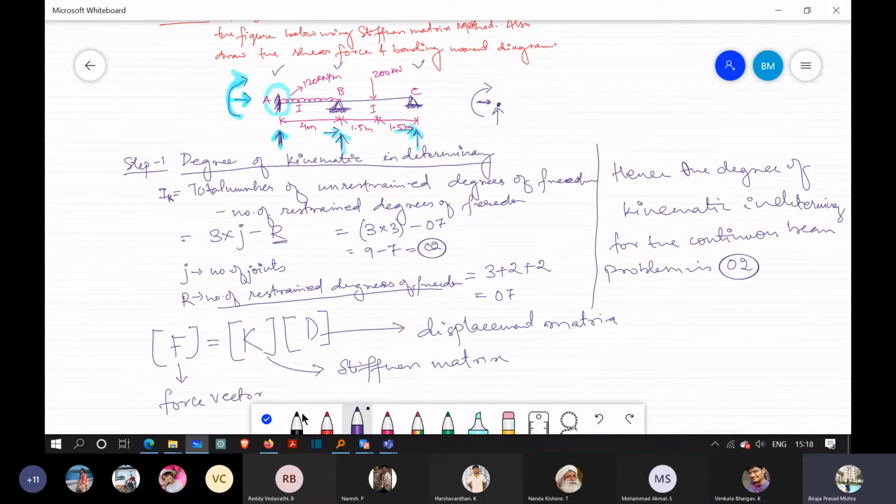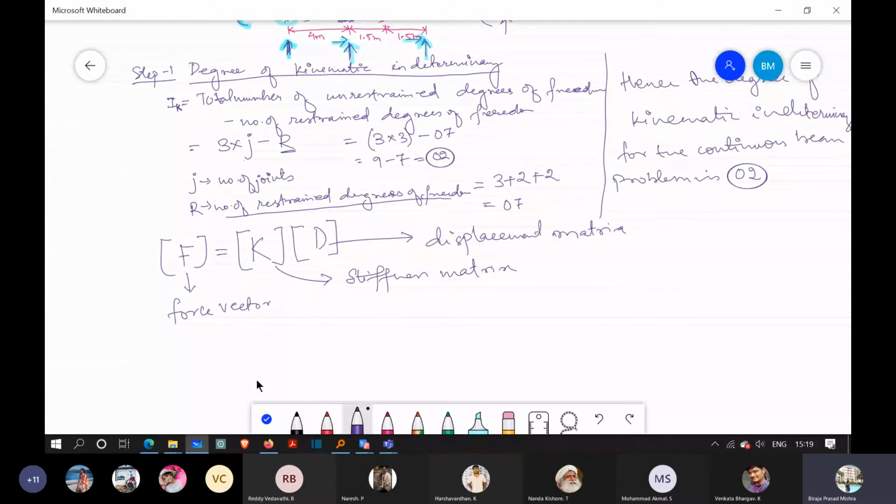Okay, and remember one thing: the size of these matrices. Let us say the size of this matrix will be n cross 1, this will be n cross n, and this will be n cross 1.